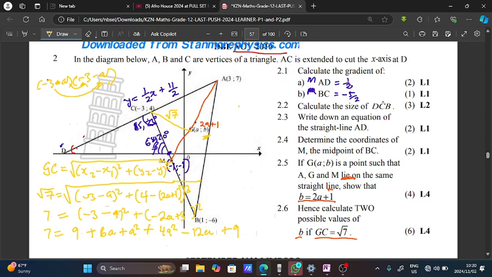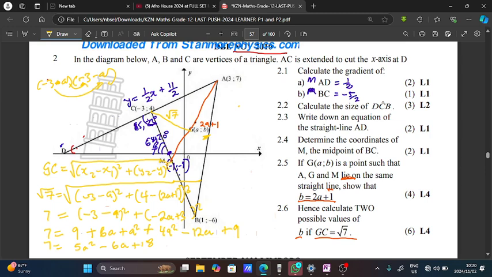Now let's get the like terms. 7 equals a squared plus 4a squared, that is 5a squared. Then the a terms, we have 6a minus 12a, that is minus 6a. Then the constant is plus 18. Now I must make it the standard form.